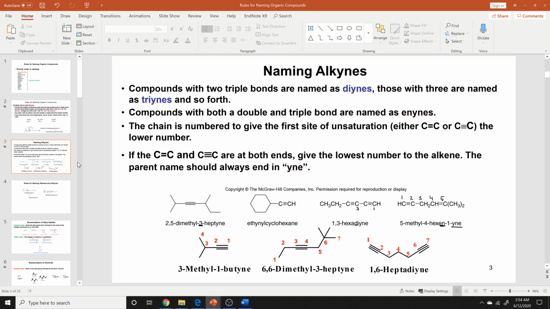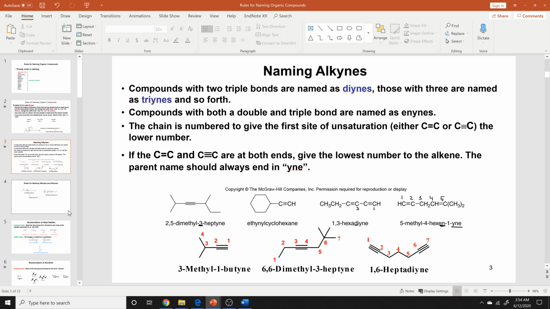If you have a triple bond and a double bond on both ends, so let's say for example, if you have a double bond and a triple bond at the same distance on both ends of the chain, then always give the lowest number to the alkene, and the ending is always yne, which is in the triple bond.